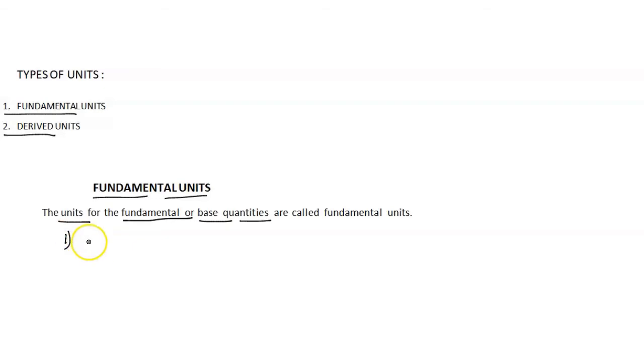The first one is mass. The unit for mass is kg. And time, how can you measure time? Using seconds. The third one, temperature.